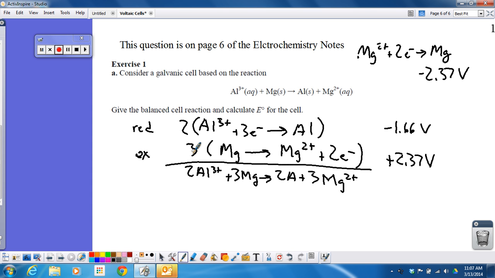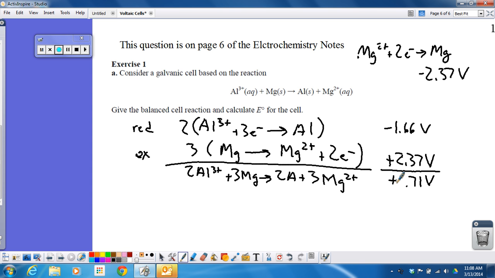It is not extensive like delta H. Delta H is extensive. It changes depending on how much we have. This is intensive. It doesn't change depending on how much we have. So if I want to know the voltage for this, I just take those two and add them together, and when I do that, I get 0.71 volts, and it's a positive 0.71 volts.